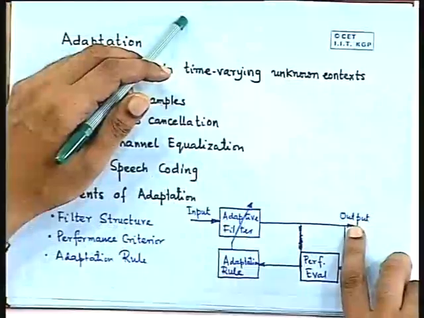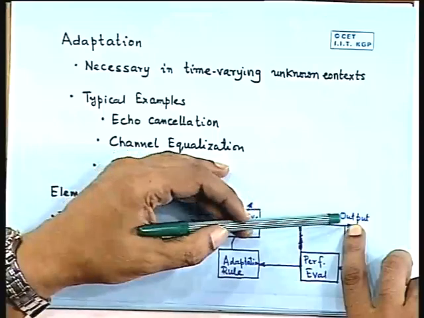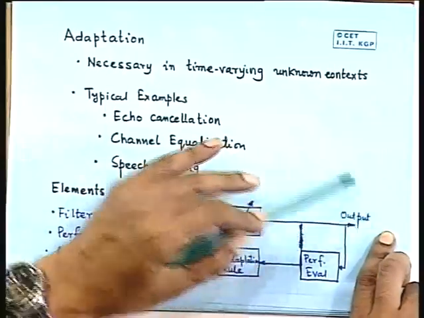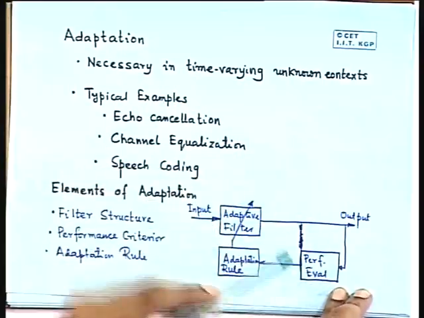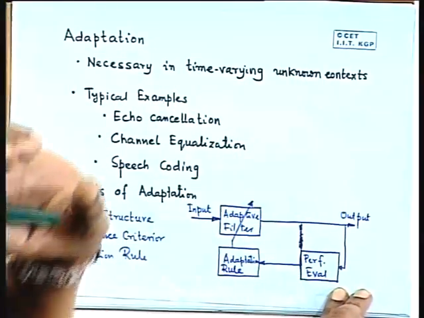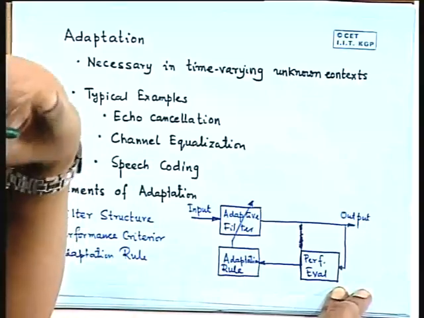You could have so many other things. Now, the properties of this output are evaluated. That is, this is some performance evaluation block. So you have to define some performance criterion, typically in terms of the outputs, so that you can evaluate whether this output is good enough or not, right?